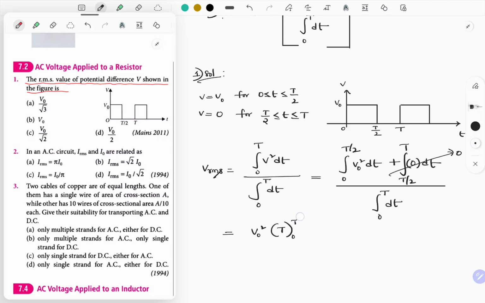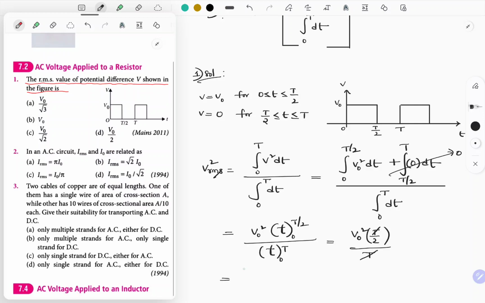Limits are from 0 to T by 2, divided by integral dt, which is t, with limits from 0 to T. So V naught square into T by 2, divided by T. This T will get cancelled, and this is Vrms square, because the whole power is 1 by 2.